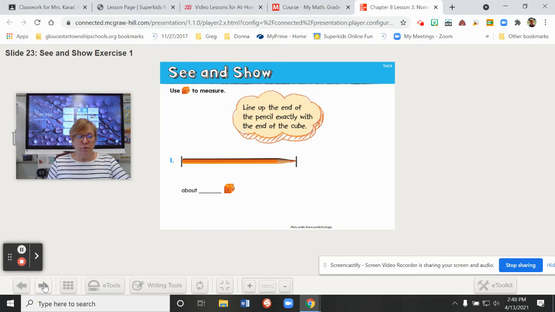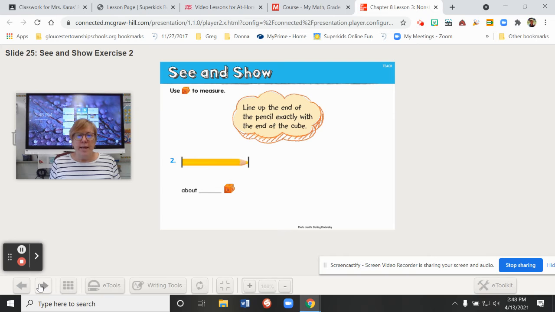Pause and figure it out and come back for your answer. About 7 cubes. All right, if you're not sure about that answer, take 7 cubes and lay them down there and see how they fit. Sometimes they slide too, so always make sure you're staying within that line.